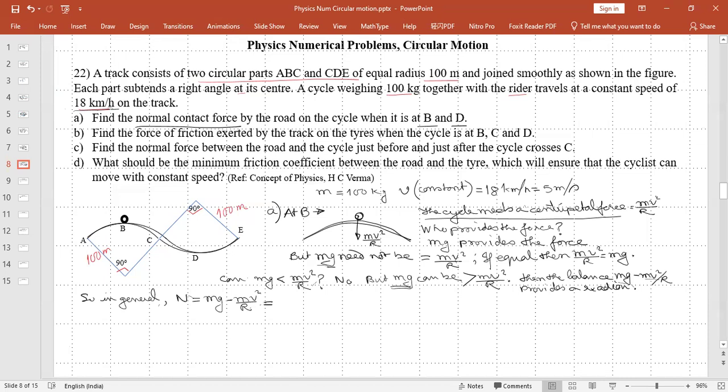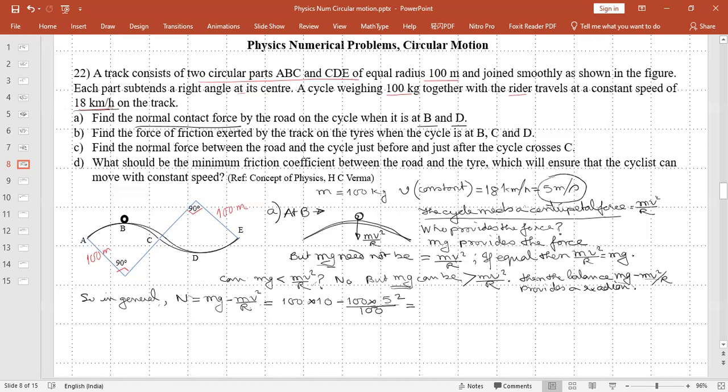And this is equal to, in our case, m is 100 into g is 10, minus m is 100 into v square, v is 5 meter per second, 5 square, divided by R which is 100.